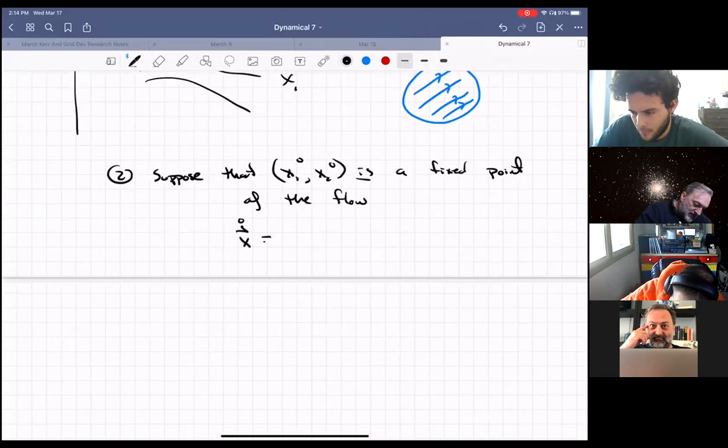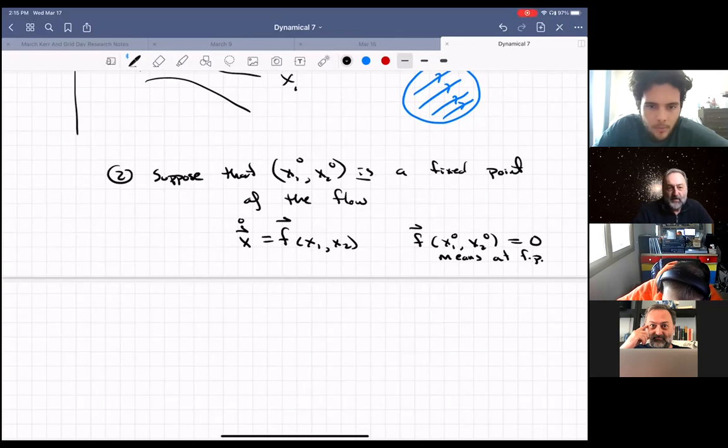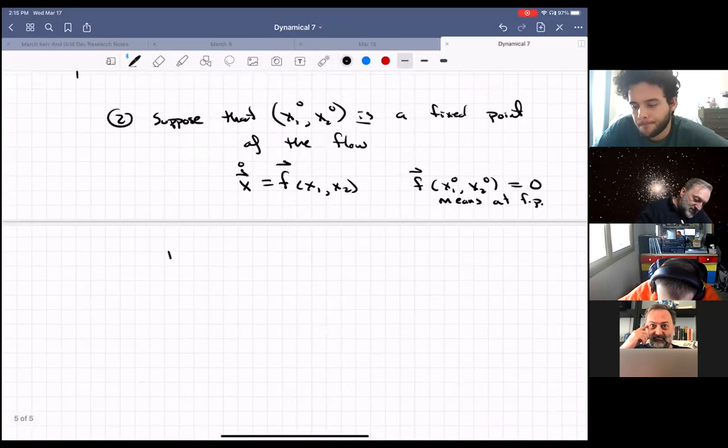X vector dot is f of x1 and x2. And so what we're saying here is that f of x1 naught, x2 naught is equal to 0 means that we're at a fixed point. So now let's suppose that we are working at a fixed point. Then the linear system near the fixed point becomes the following.